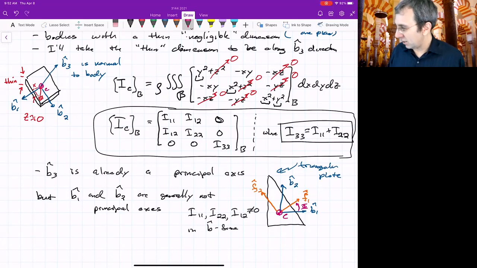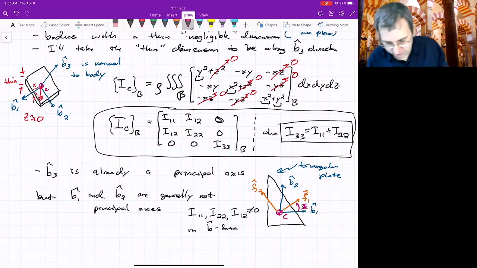That means there are directions. I don't have a triangular plate. I do have a yam, but not a triangular plate. If I had a triangular plate, that means there are some directions that I could spin the plate and it could do pure rotation. But it's not the easy to work with B1, B2 directions.